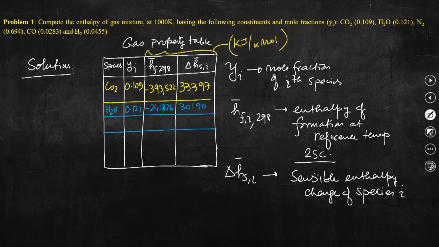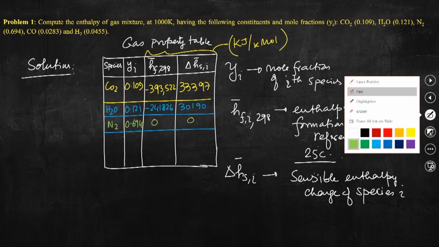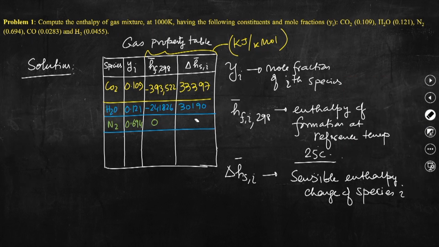Similarly, we can write for N2: 0.694, that is the mole fraction, then the enthalpy of formation is 0, and the sensible enthalpy change is 21463, since the sensible enthalpy change of species cannot be 0.